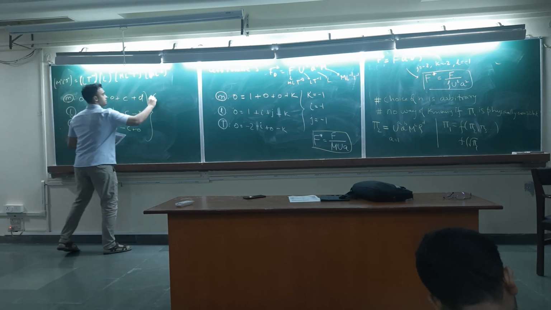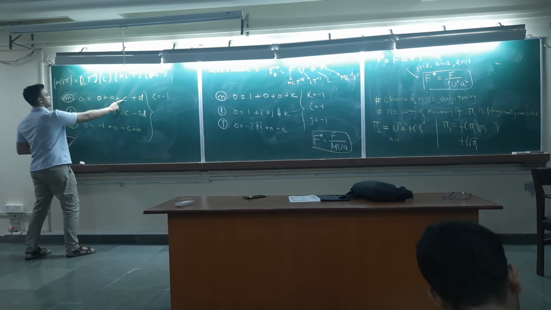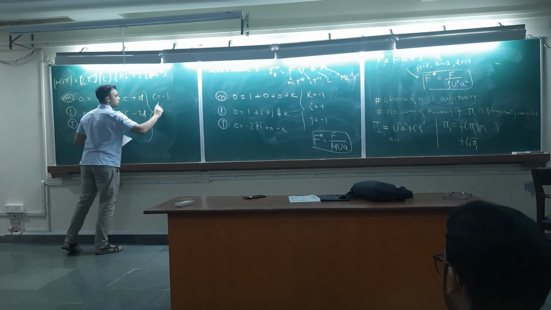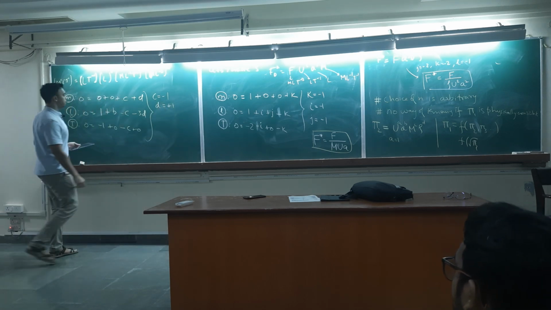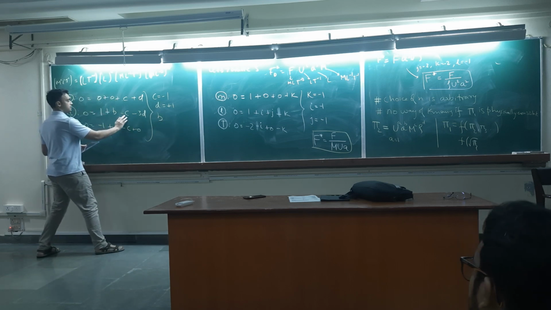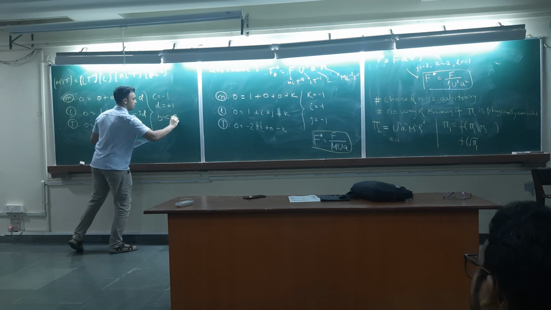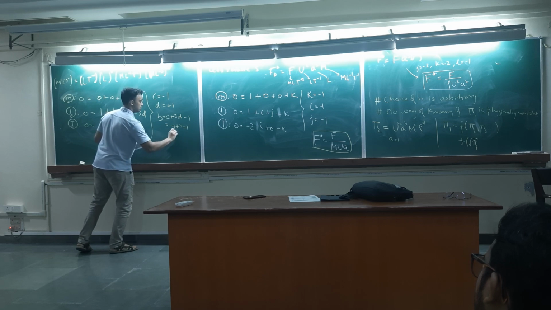C is minus 1, C is equal to minus D, so D is plus 1, okay, and B is C plus 3D minus 1. C was minus 1, 3D was 3, so B is 1.